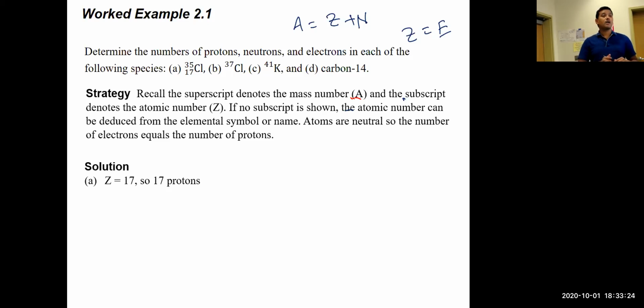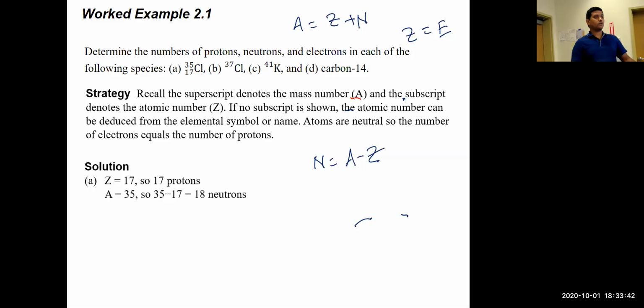If you rearrange the top formula, N is equal to A, the mass number, minus Z. So N is equal to 35 minus 17, so it should be 18 neutrons. And what is the number of electrons for chlorine 35? Because it has 17 protons, it should have 17 electrons. These should be your answers.